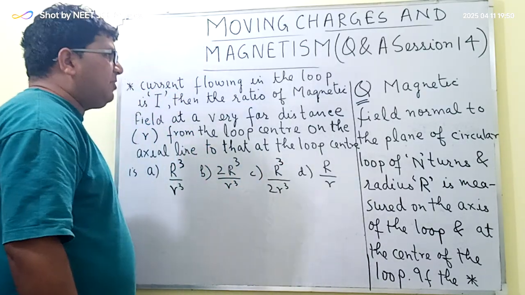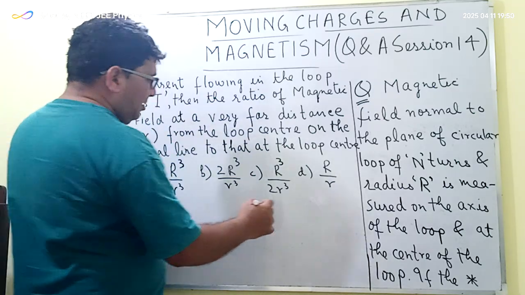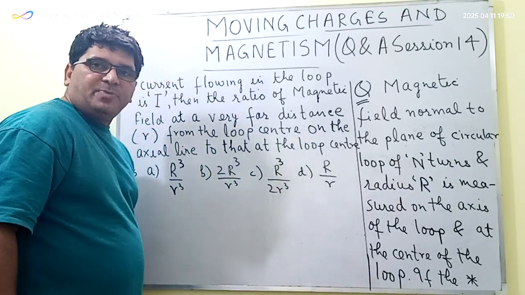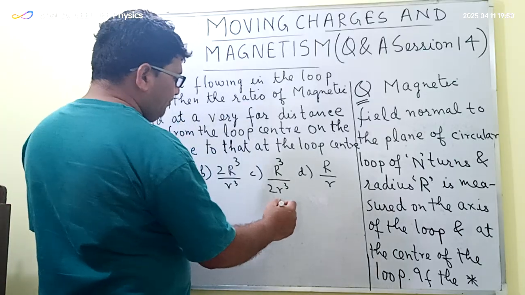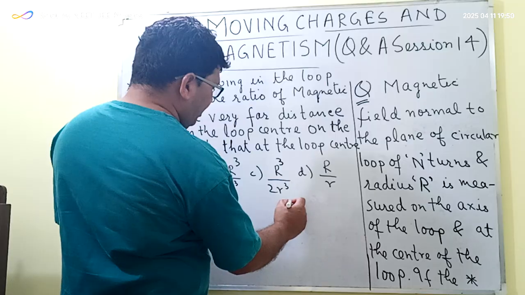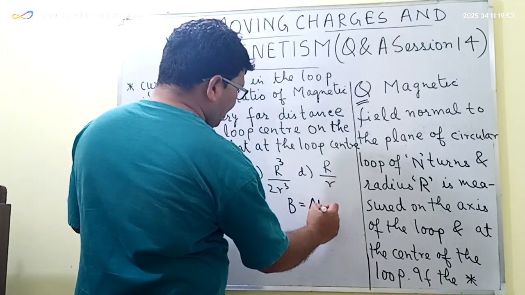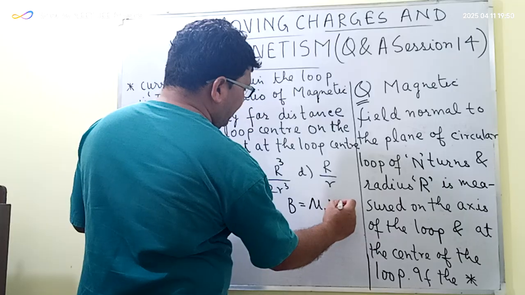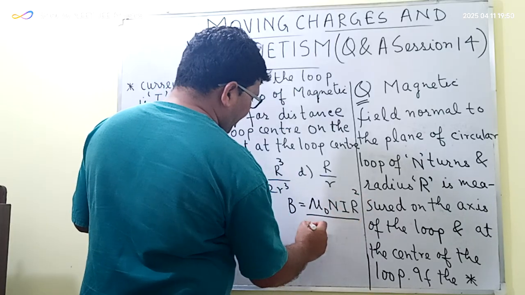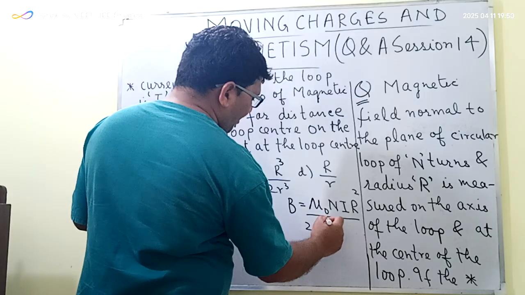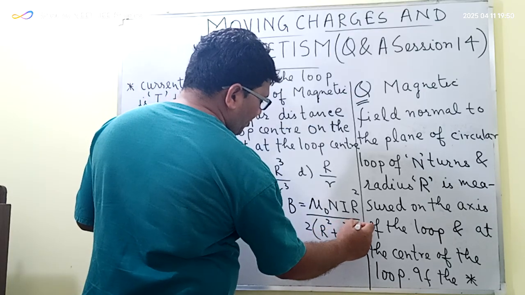So in the previous session we have derived the equation for the magnetic field at a point on the axial line of a current carrying loop, which was B equal to mu naught N I R square divided by 2 in bracket capital R square plus small r square to the power 3 by 2.